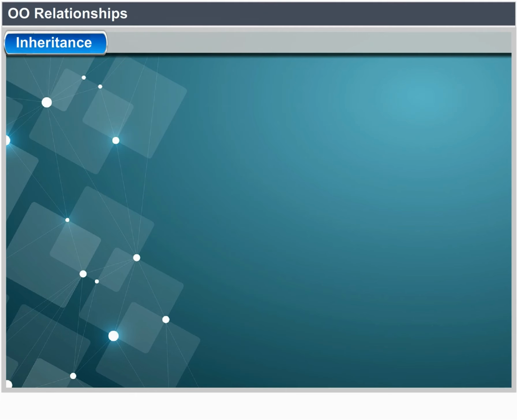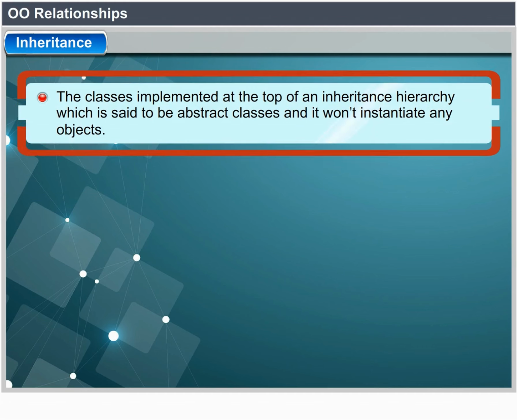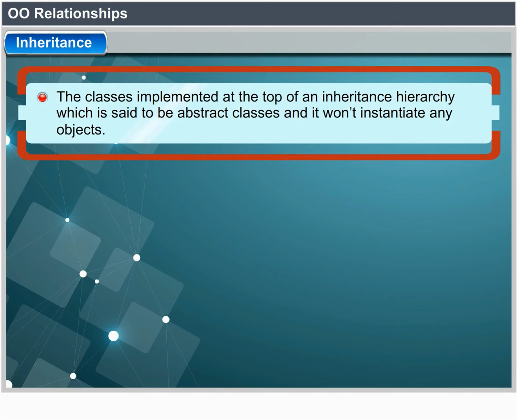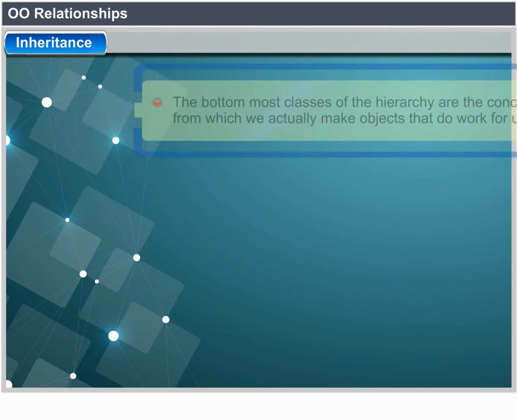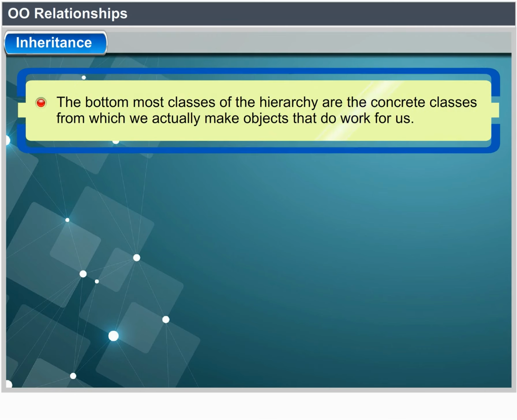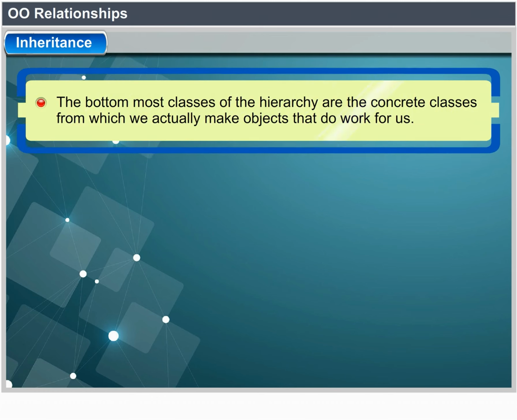The classes toward the top of an inheritance hierarchy tend to be abstract classes that won't have any objects instantiated from them. The bottommost classes of the hierarchy are the concrete classes from which we actually make objects that do work for us.